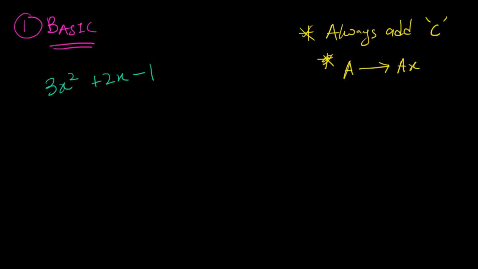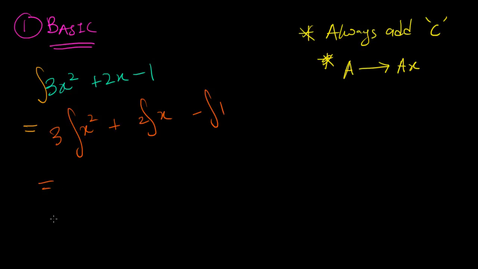Let's try this question. Actually, in integration or differentiation, you can remove the constant out. So if you remove the constant out, you'll get 3x squared plus 2x minus 1. Next, during integration, you have to add 1 power to the algebra, and then you divide with that power.